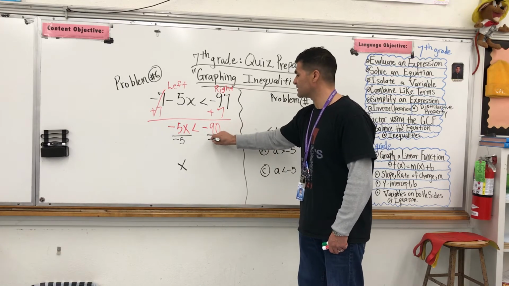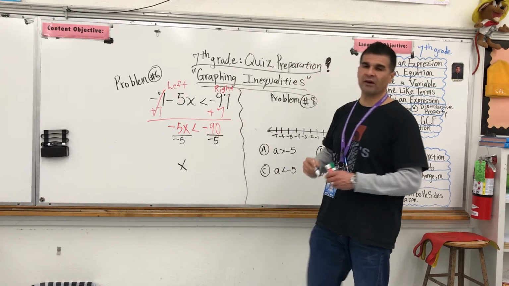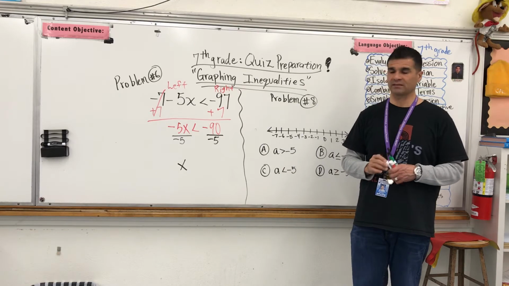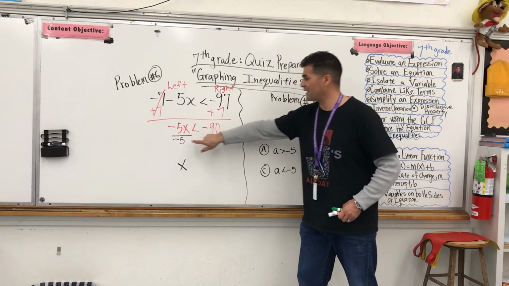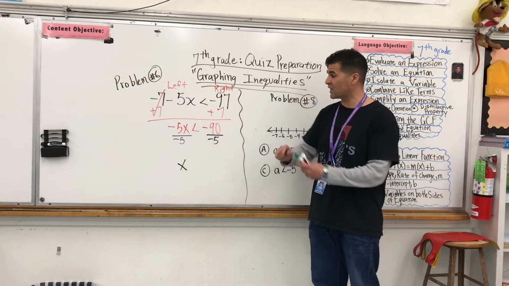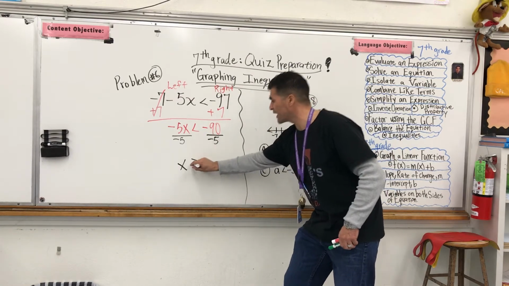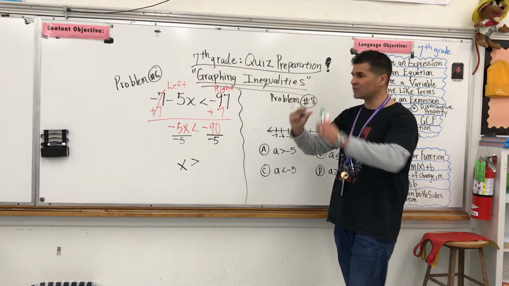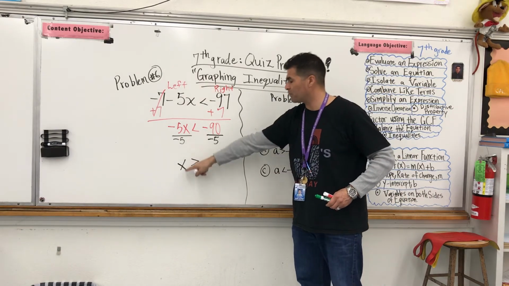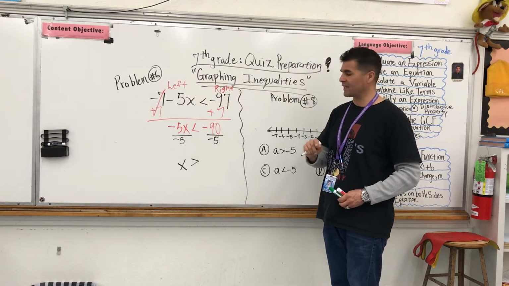But I have to balance the inequality. Here's where a very special rule happens on tomorrow's quiz. Whenever you divide by a negative number on both sides of the inequality, the inequality is going to reverse its direction. It will change, and now the left side will be greater than the right side.